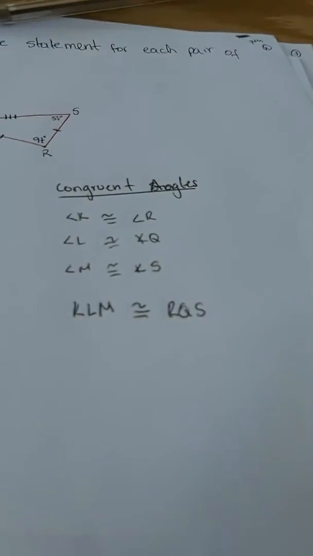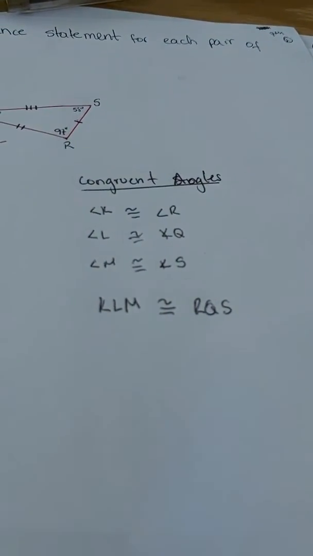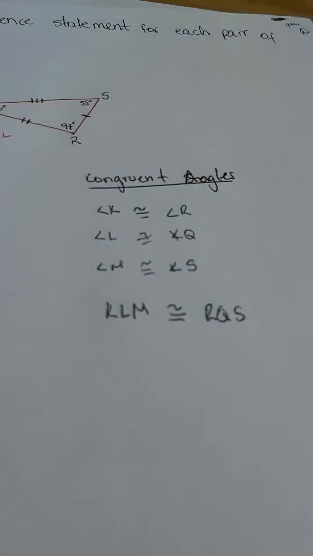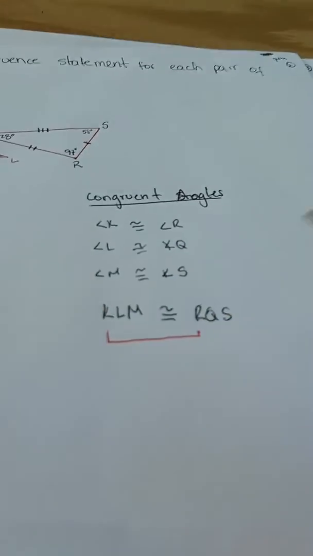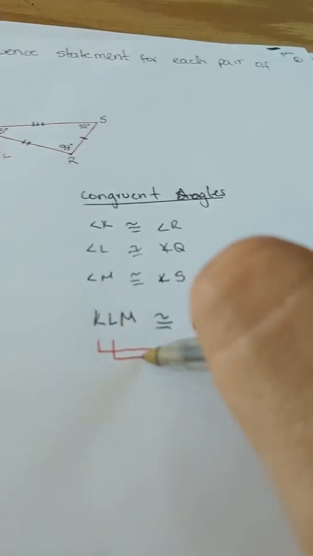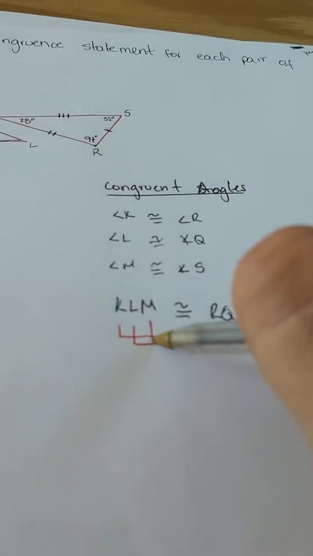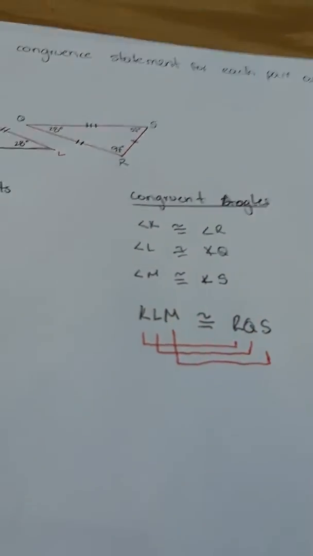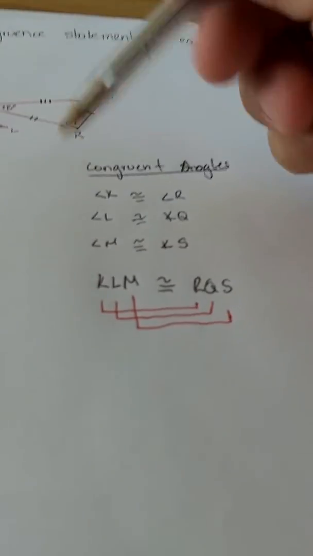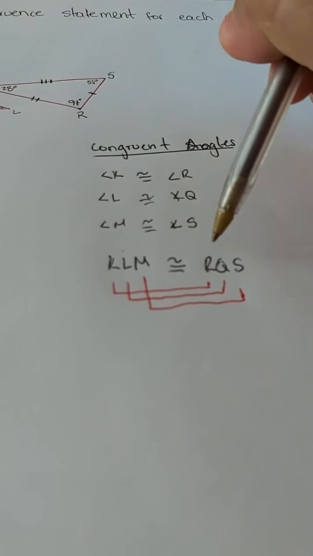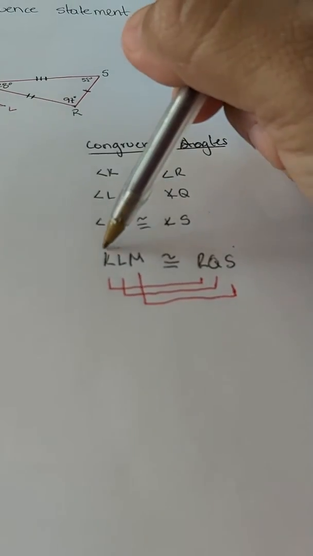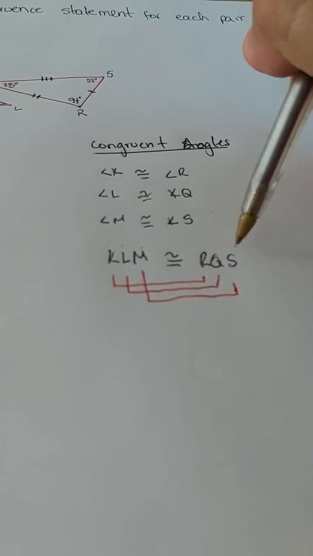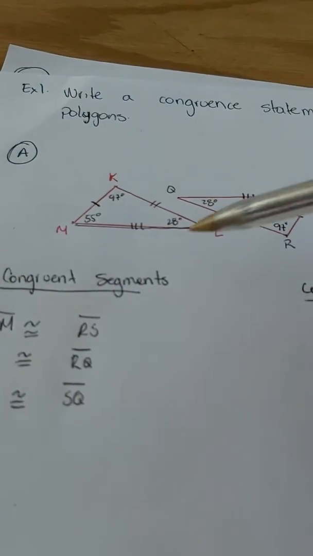If we're stating that KLM is congruent with RQS, then this means angle K is congruent with angle R, angle L is congruent with angle Q, and angle M is congruent with angle S. Okay? Also, we're stating that KL is congruent with RQ, LM is congruent with QS, KM is congruent with RS. Okay? This is our congruence statement.